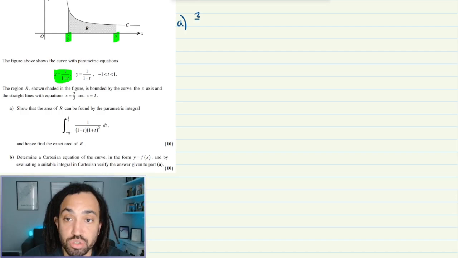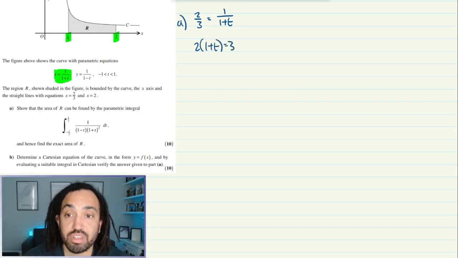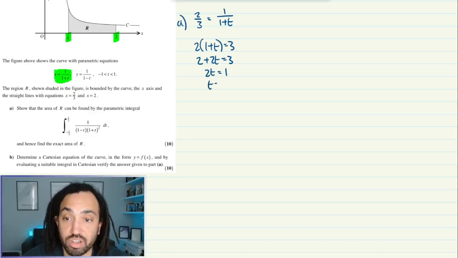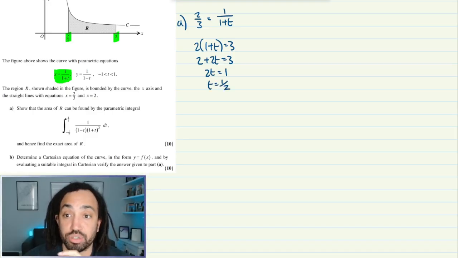So I can say that 2/3 is equal to 1 over 1 plus t. I could do some cross multiplying there to get 2 lots of 1 plus t is equal to 3. I could then expand that out like so, and then I could subtract the 2 and then divide through by 2. Lovely.